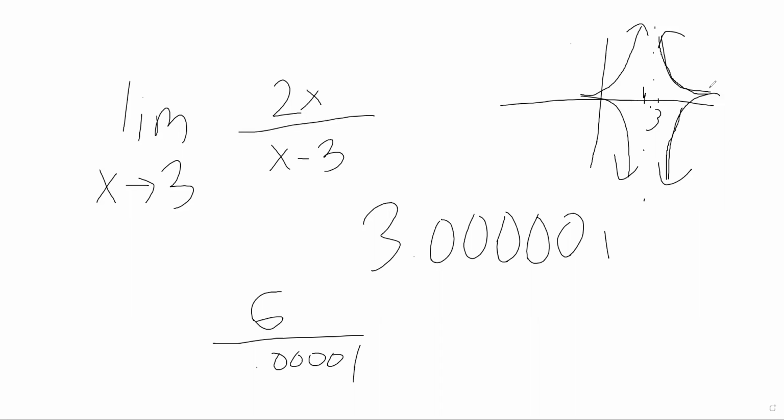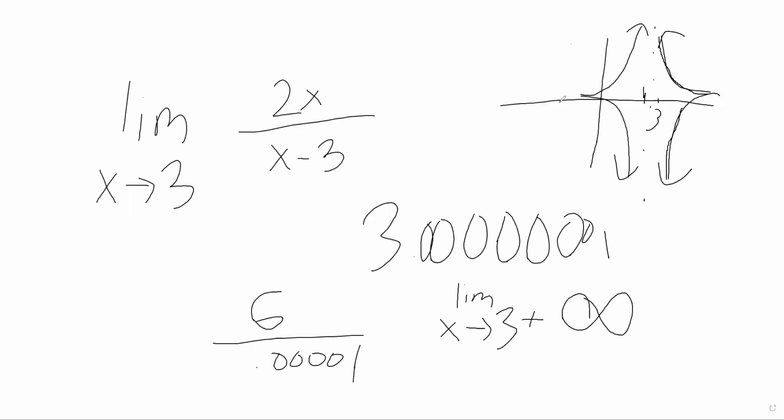As you can see, that's going to be some insanely large number. And if this keeps getting smaller, this number is just going to keep growing. So we see that when x approaches 3 from the positive direction, the limit is going to be infinity.